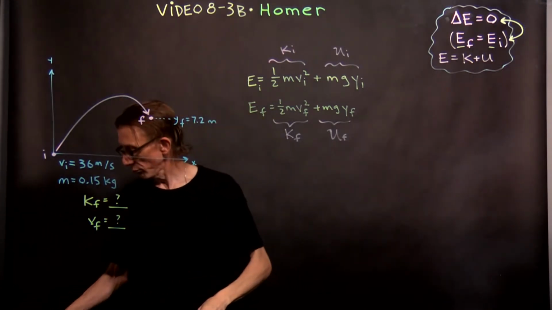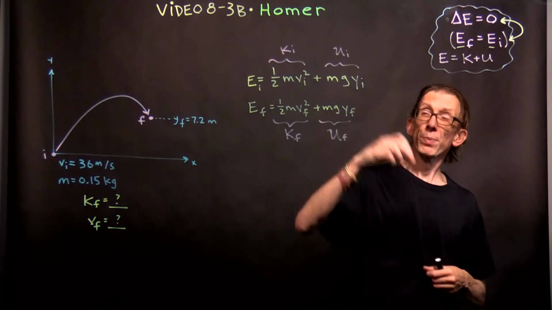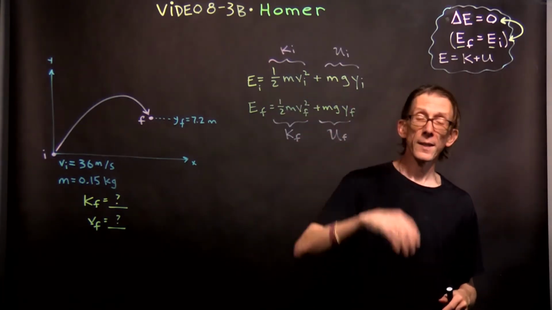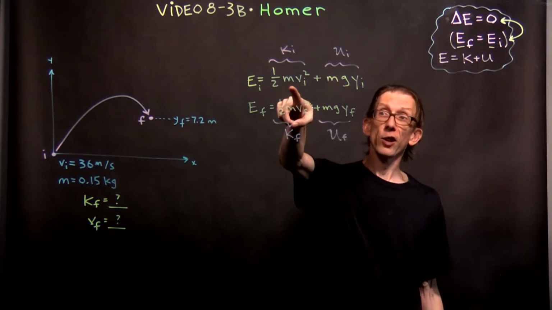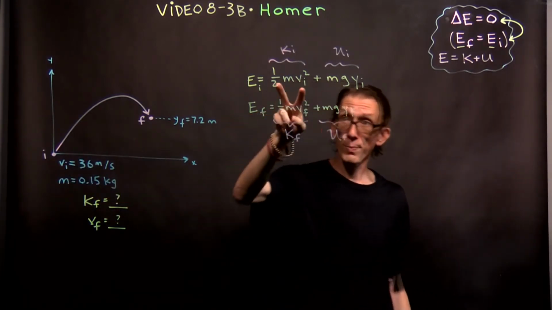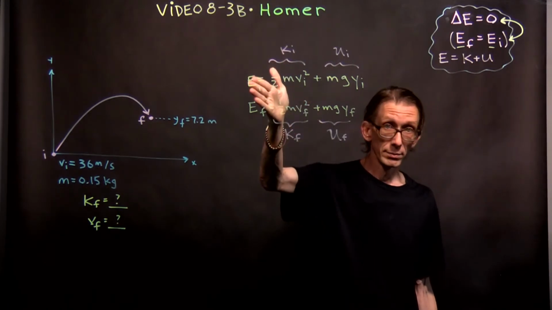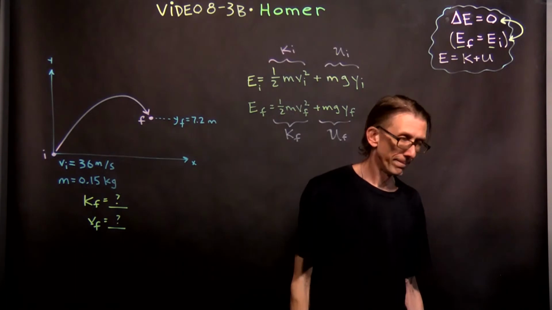So, initial energy is initial kinetic plus initial potential. Let's figure out which, if any, of these are going to be zero. The initial kinetic energy is not zero, because we have a mass and an initial speed. How about the initial potential energy?